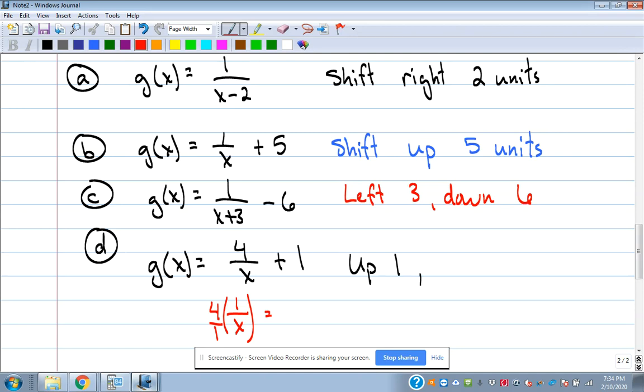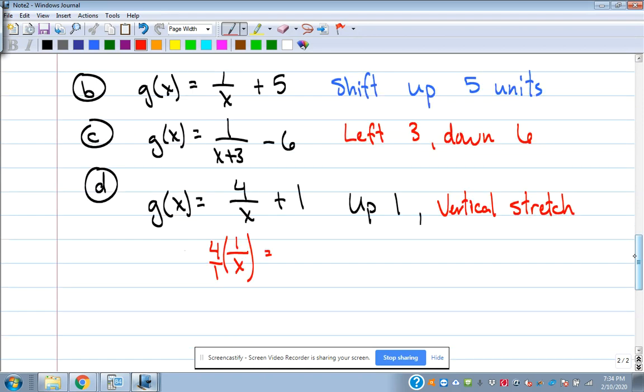What does multiplying by a big number do on the outside? Remember, outside. It's a vertical movement. So the big number is going to be a vertical stretch. A horizontal compression would be, you would have 1 over 4x like that.